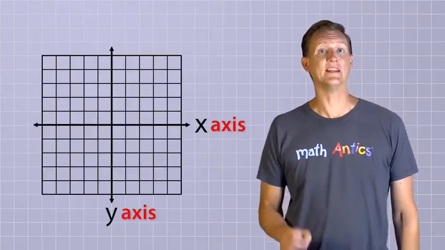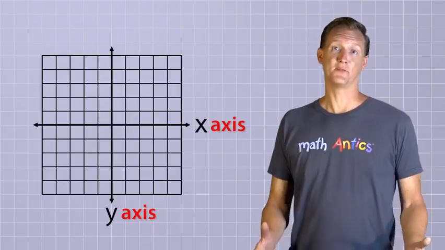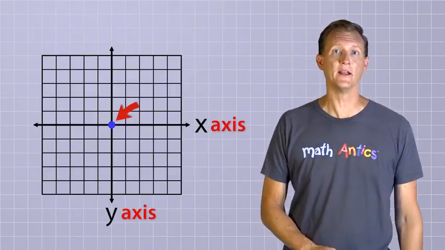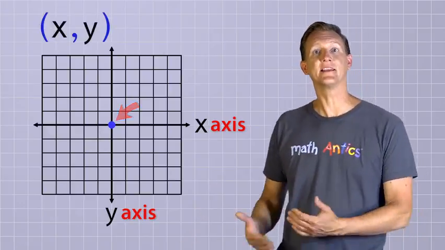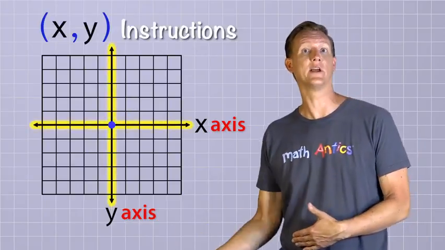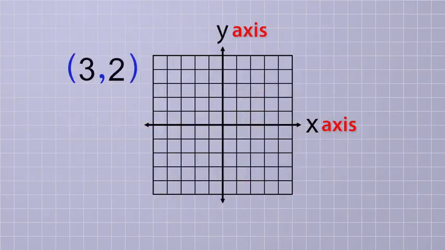But I want to show you an even easier and more intuitive way to actually plot points. This more intuitive way involves starting with a point at the origin of the coordinate plane and then treating the coordinates like a set of simple instructions that tell you how far to move your point in the x and y directions. For example, to plot the coordinates 3, 2, like before, we start by imagining a point at the origin, 0, 0.